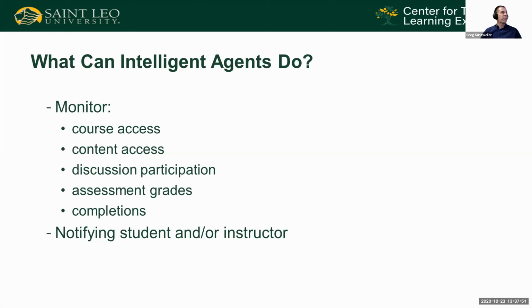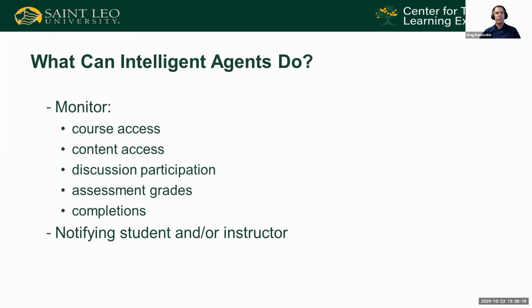We'll go through some of those items and some examples. I'll even talk about a few examples that I've seen in other webinars from other schools and faculty members who have used these to help monitor their students and monitor completions, like the completion of module 1, letting you and the students know whether they did it or not.